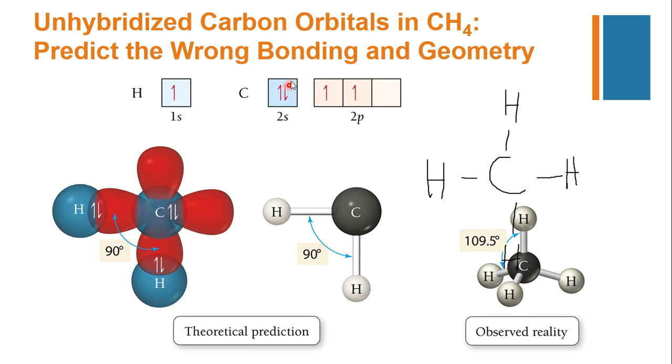So if I take this electron and I put it over here in this orbital, now I have 4 half-filled orbitals, 4 opportunities for bonding. So by paying a little bit of money up front to move that electron, carbon gets a huge payoff in the end by being able to make 4 bonds. So that's the 2 things that are going on here. 1, he's going to promote that electron. And 2, we've got some hybridization because all of these bonds are actually identical. They're exactly the same.